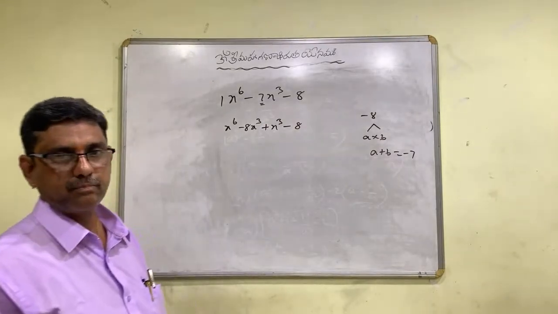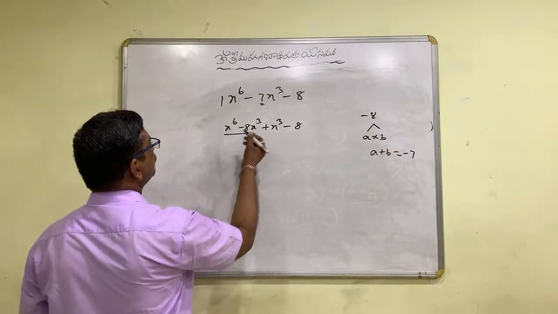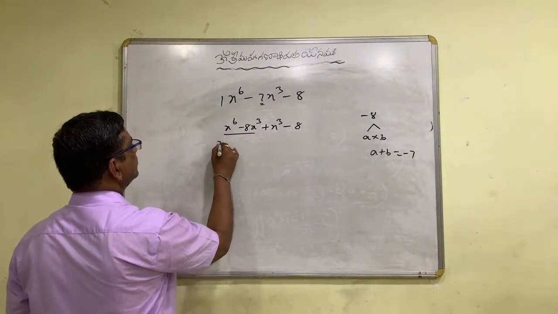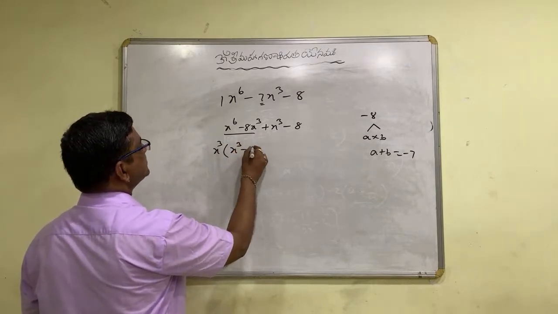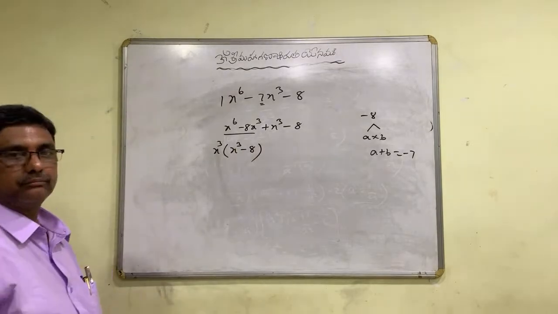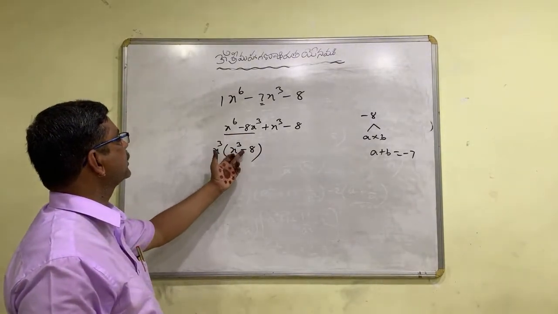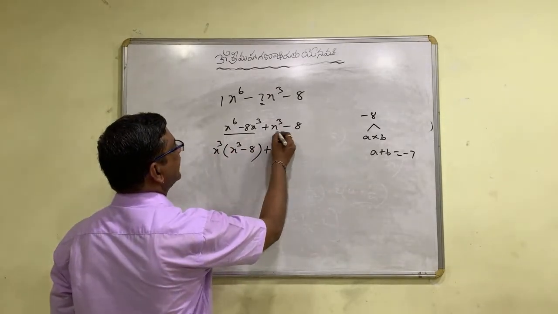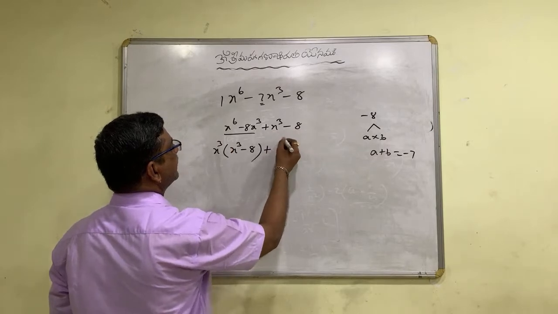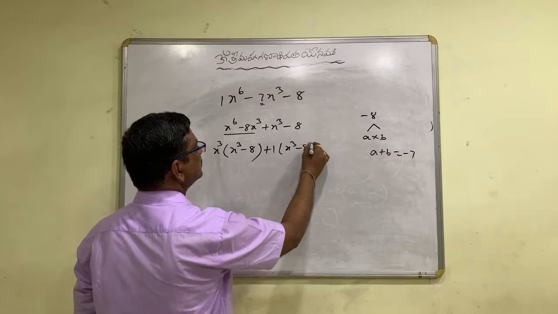Okay children? Now, from the first two, what can we take common? x cube. Remaining is x cube minus 8. And from the last two, we can take 1 common.